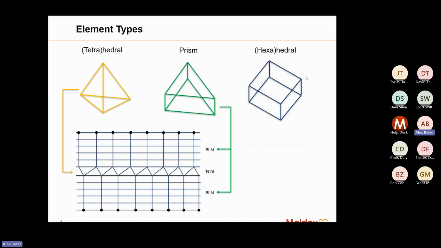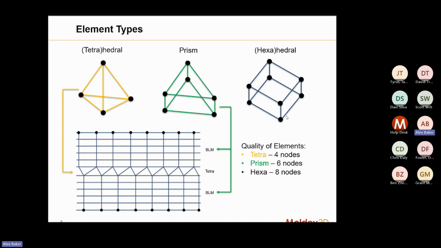These hexahedral elements are highest quality, mostly because of the number of nodes on that particular element type. If I'm looking at the results of Moldex3D, I'm going to see a blended contour. I'm not just going to see this element be one singular color. I'm going to see a distribution of color through this volume, because the information at any point in this element is interpolated from the nodes on this particular element.